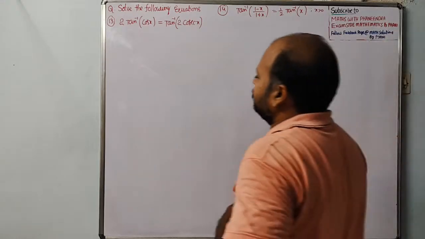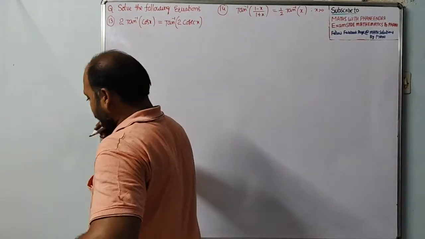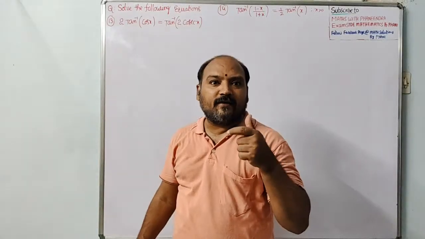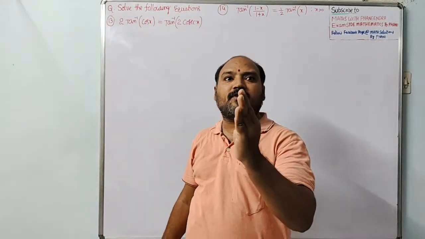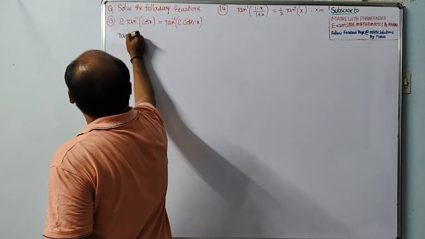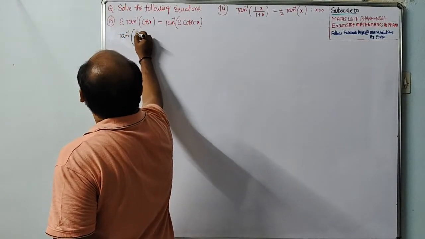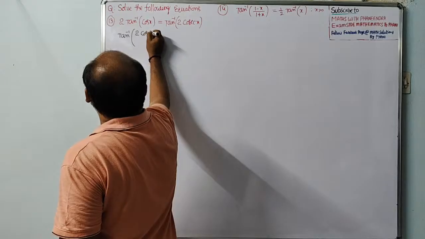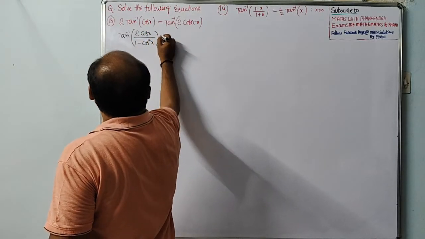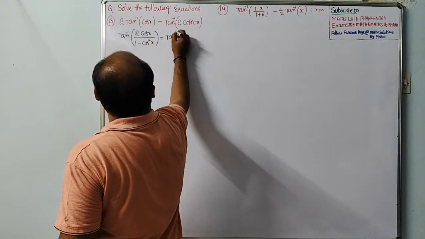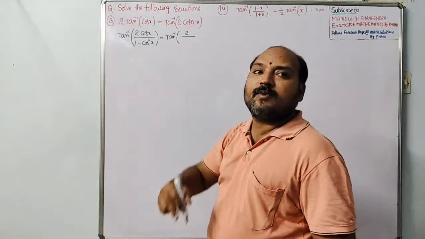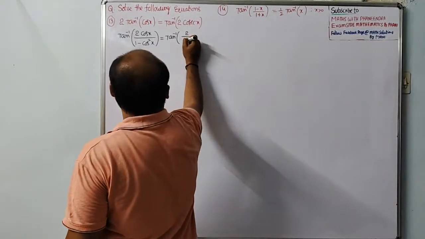See the first question here. 2 tan inverse x, we know the formula. 2 tan inverse x means what? Tan inverse of 2x by 1 minus x square. So tan inverse of 2x means 2 cos x by 1 minus cos square x is equal to tan inverse of 2 into cosecant x, which we can write as 1 by sin x.